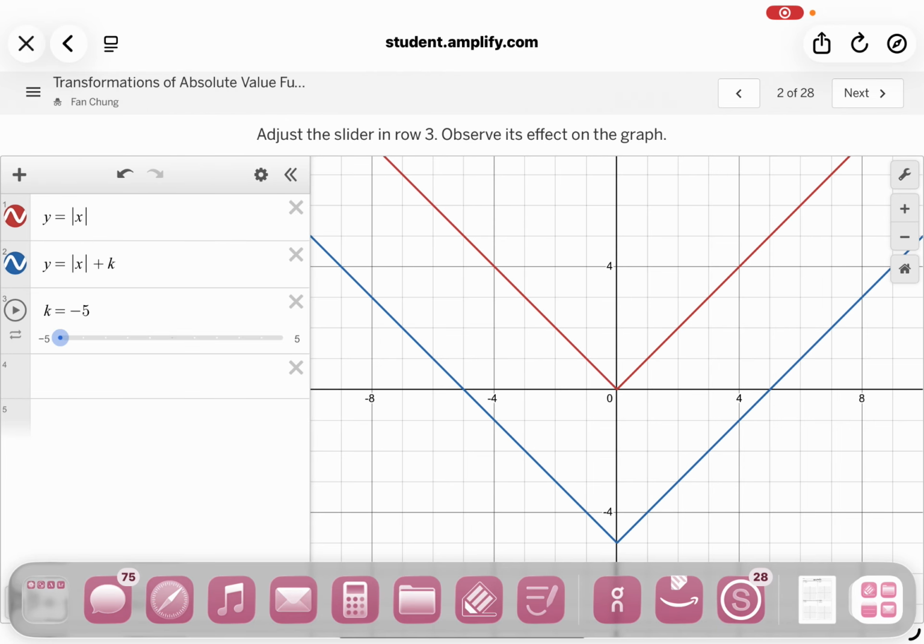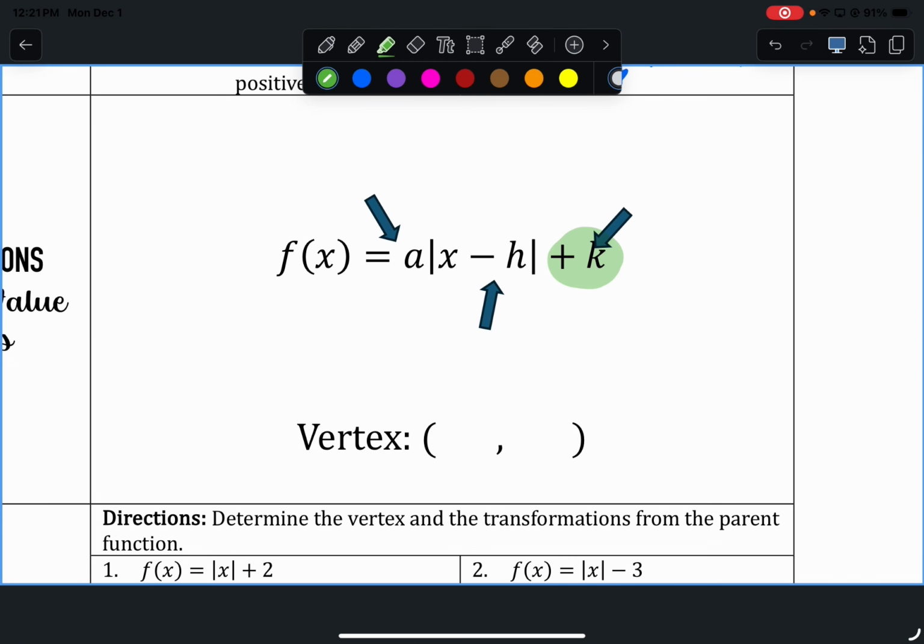So on here, we are going to write vertical shift. Can you say up and down? We're going to put that, but I want you to put vertical shift. So it is a vertical shift, but then positive k goes where?